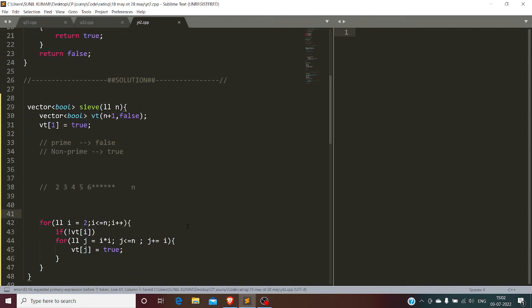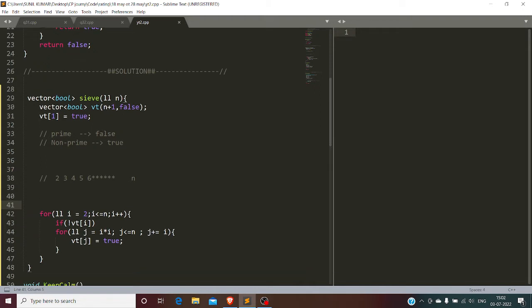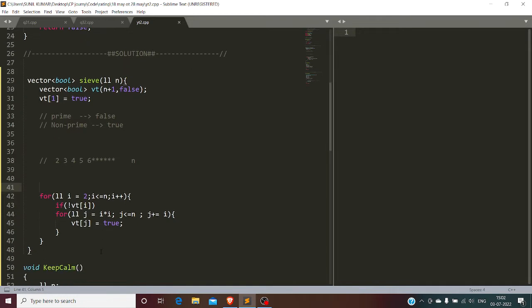If i is prime, then go on to its multiples and make them all non-prime. Okay, now at the end just return the vt array, right?